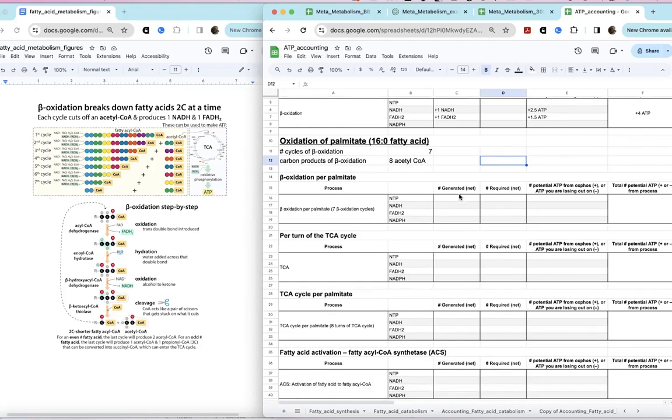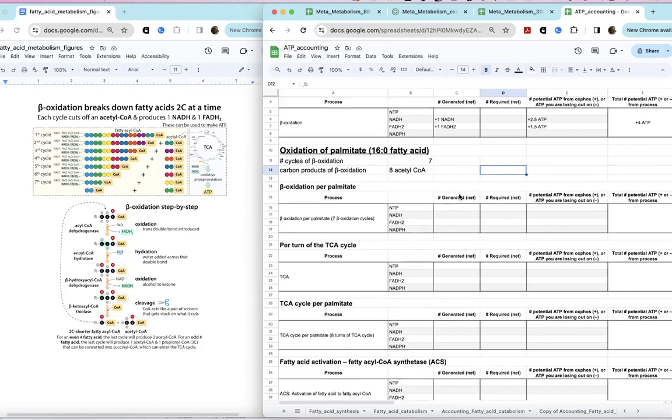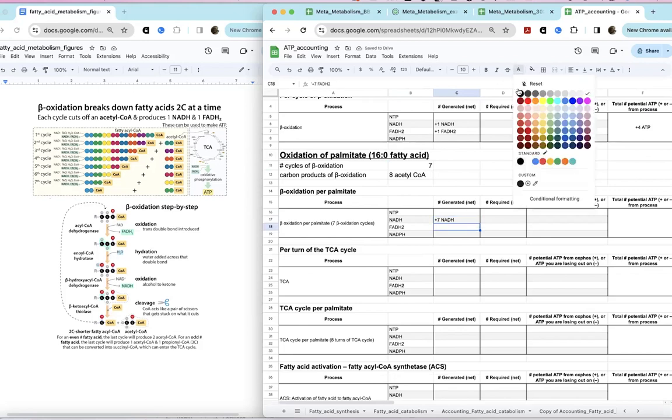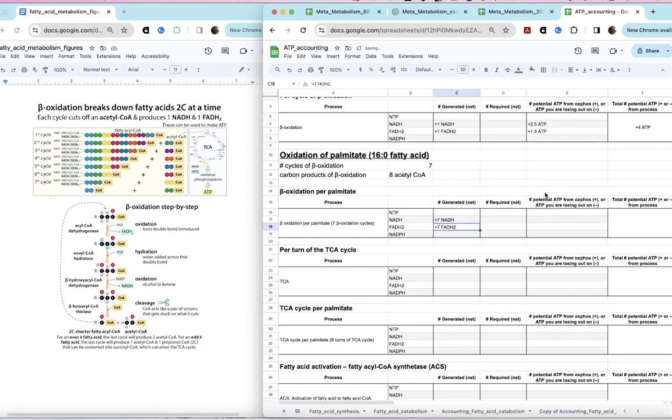And so for each of these cycles, we're going to have 1 NADH. So 1 times 7, that is going to give us our 7. And then we have 1 times 7, and yet again, this is going to give us our 7.